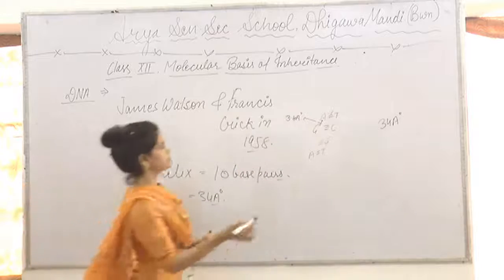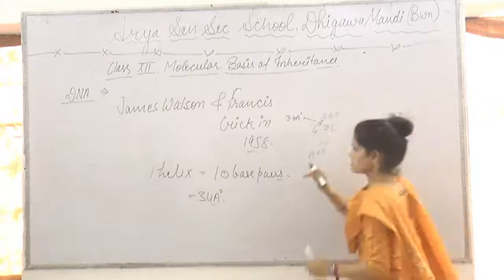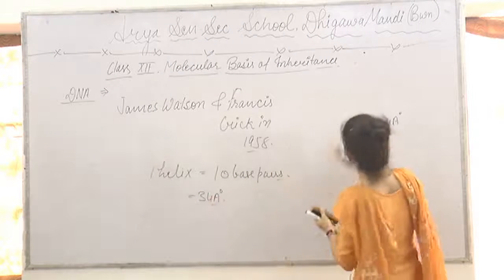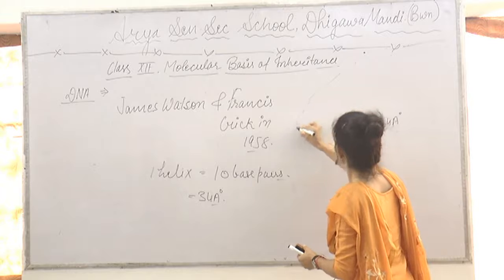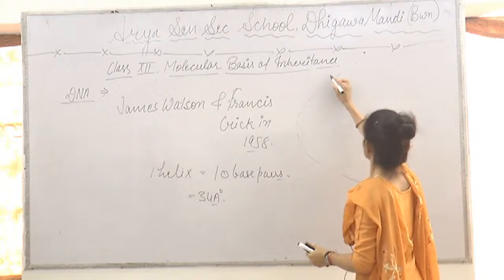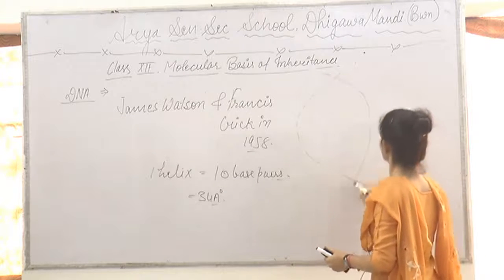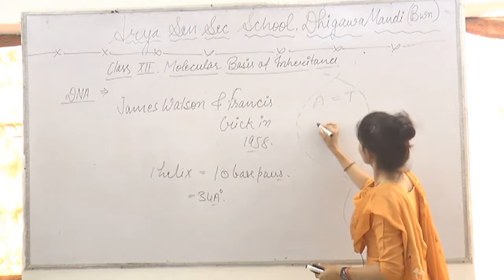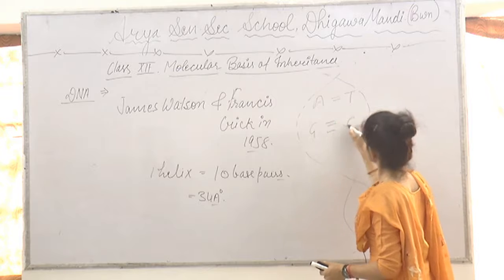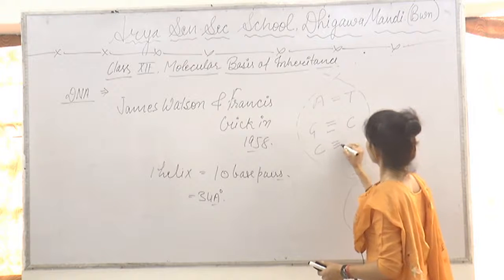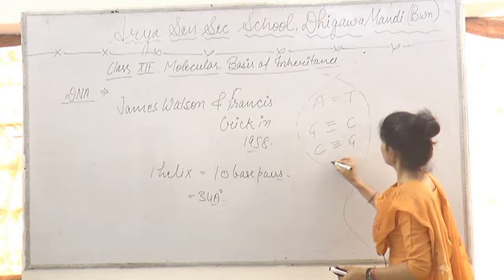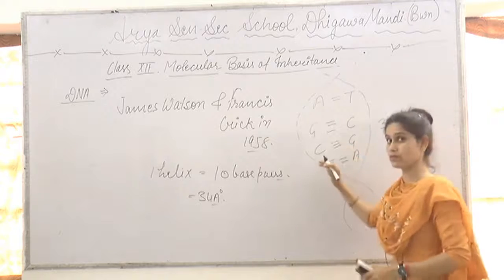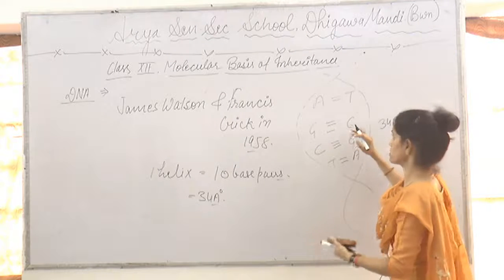Adenine pairs with thymine, guanine pairs with cytosine, cytosine pairs with guanine, thymine pairs with adenine. This is the central part which is covered by nitrogenous bases.